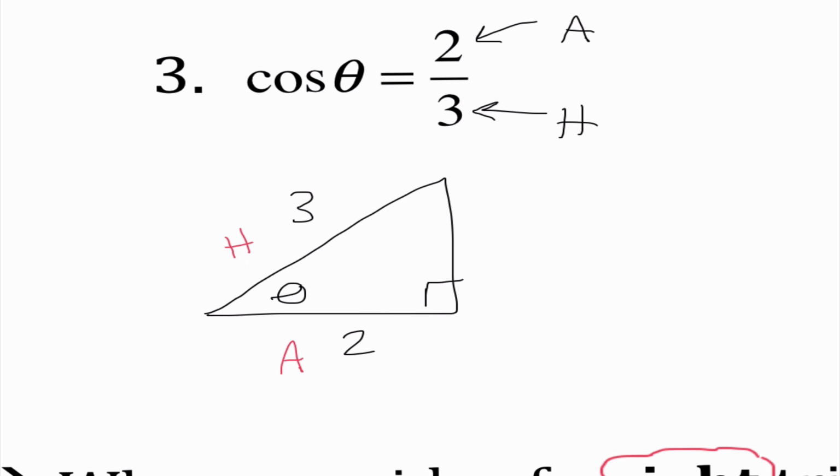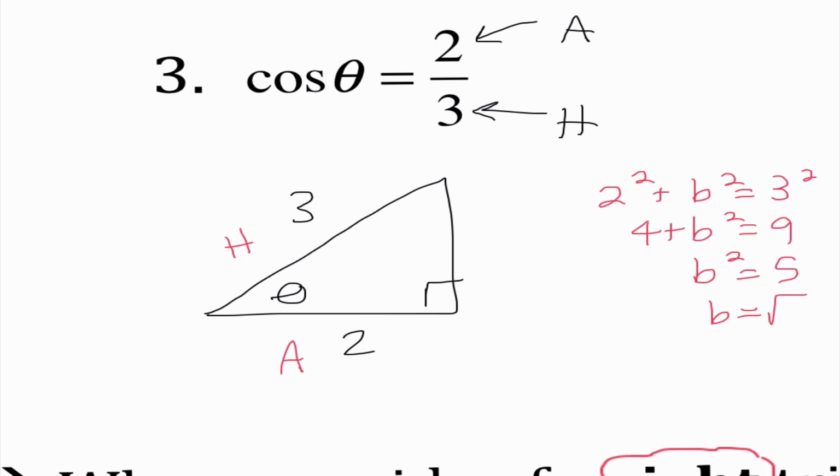Okay, we have 2 sides of a triangle. So I'm going to go ahead and say 2 squared plus b squared equals 3 squared. So I get 4 plus b squared equals 9. So b squared is 5, and b is radical 5. So I have found here that our opposite side is radical 5.